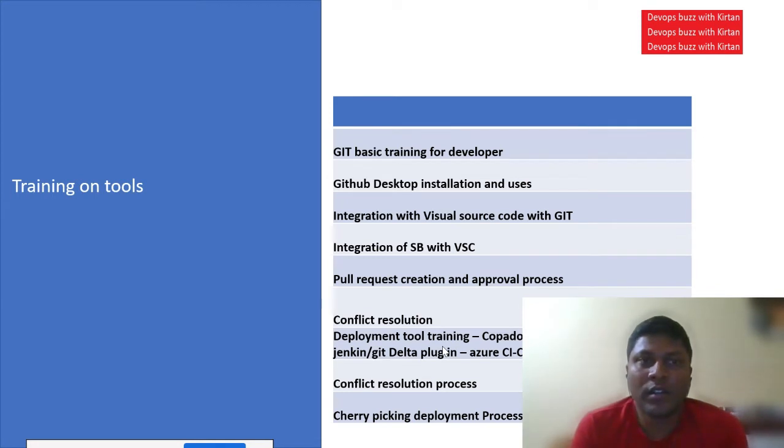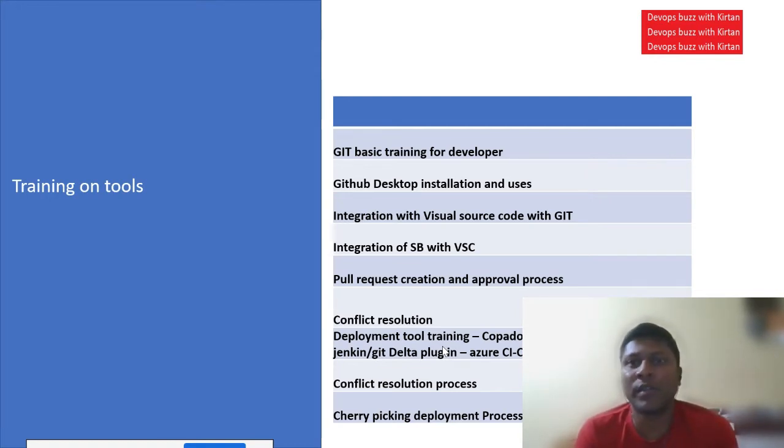So let's go one by one through the points in the training section. Training on the tools: Git basic training for the developer. In the Git basic training, you will come across how to commit the code, how to pull the changes, how to create a PR, a pull request, how to add a reviewer, and all those things.